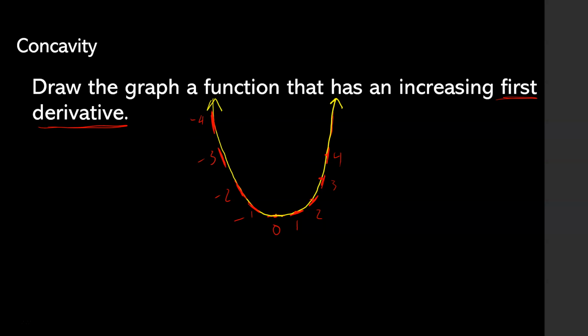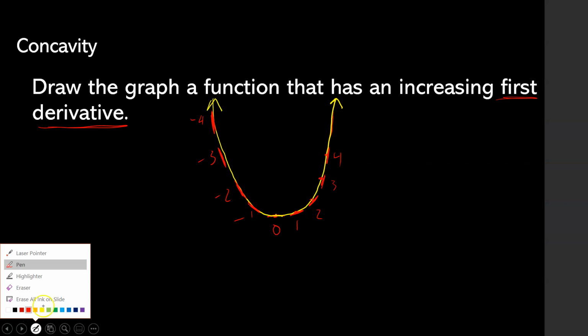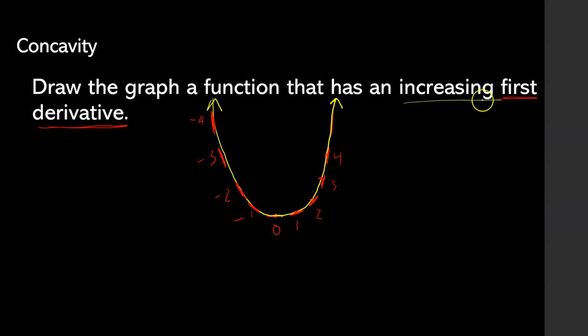So we're going to do some vocabulary here in a second, but an increasing first derivative, well, increasing means a positive rate of change. So we could say that an increasing first derivative indicates a positive rate of change of the first derivative.